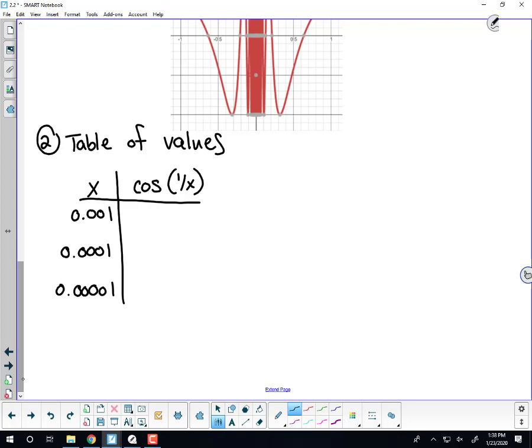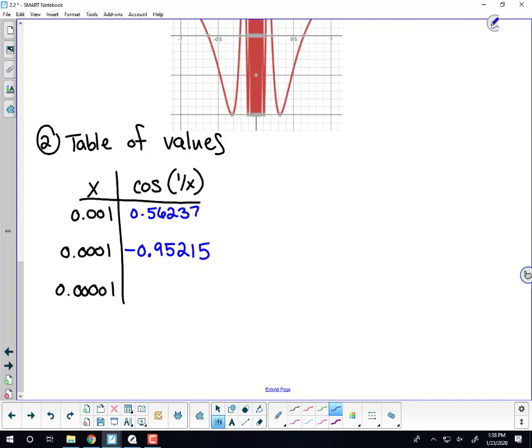All right, cosine of 1 over 0.001 is what? 0.56237. Look all right? Okay, 0.0001: negative 0.952155. Do y'all agree?